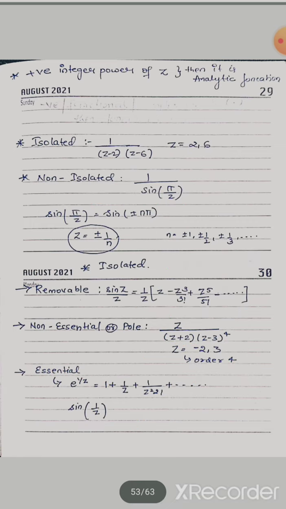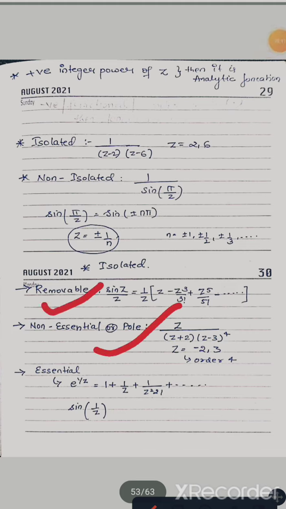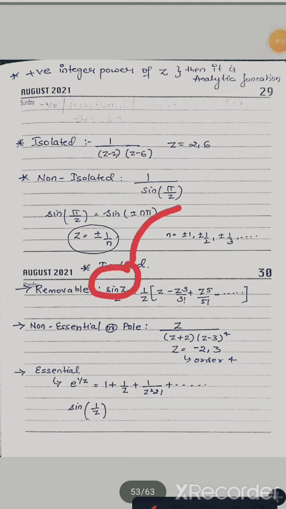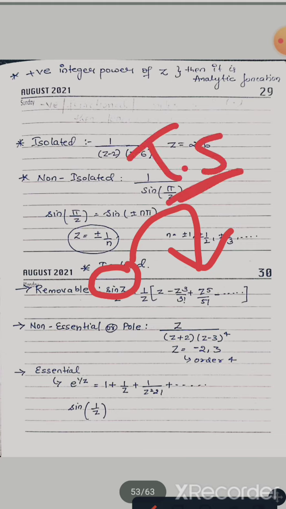So you have to check whether it is an isolated or non-isolated function. If it is isolated, there are two remaining parts: whether it is removable, a pole, or essential. If it is removable, it will be in the form sin z / z, which is equal to 1/z in the limit sense. Removable means I can represent the function, sin z, with a Taylor series or any series, where you can expand that function, and then I can cancel the z value.